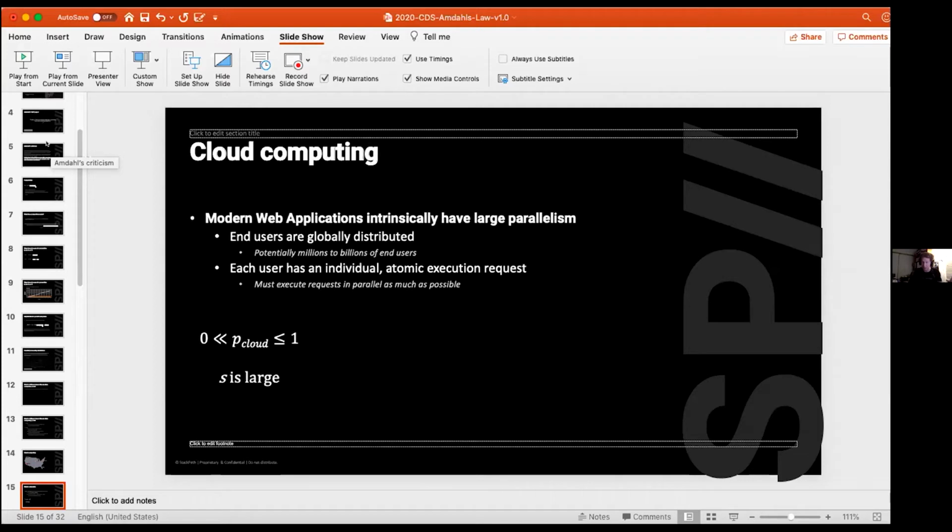Why does this work? Because this was against what Amdahl was saying. It works because we intrinsically have a massive amount of parallelism in modern web applications. And how do we get this? Well, part of it is the global distribution. Yes, we have people from literally all over the world, and they're connected. So you don't just have a small number of computers here and there, but each end user has an individual atomic execution request.